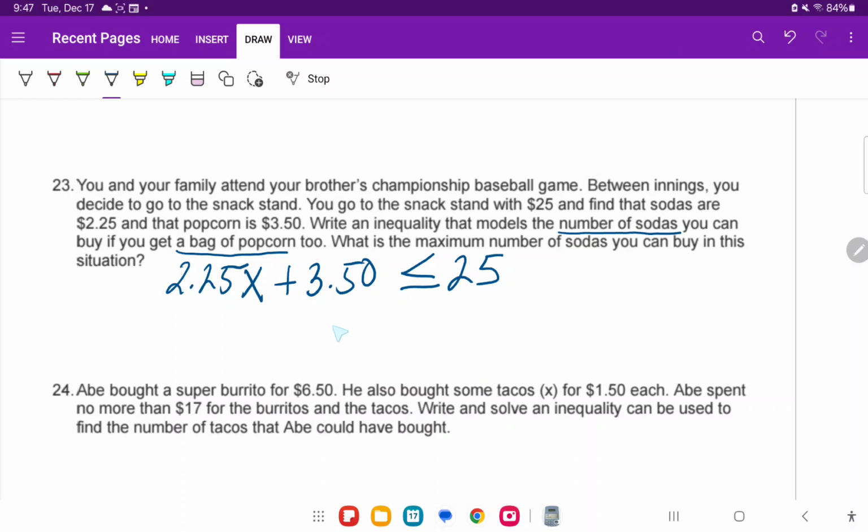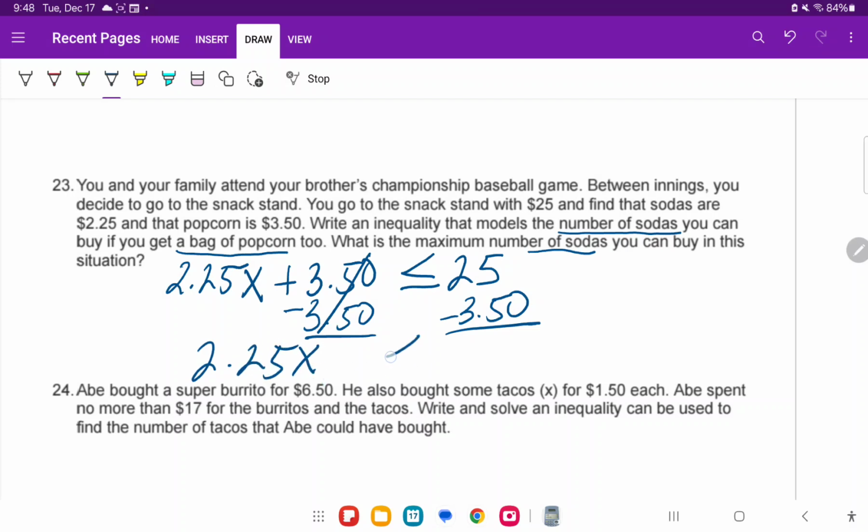So it asks you for the number of sodas, so with this one, we do need to solve. So we're going to subtract 3.50. So that's going to cancel. So over here we have 2.25x. Bring down your less than or equal to, and then 25 minus 3.50.